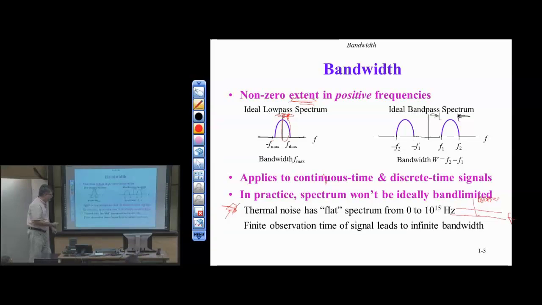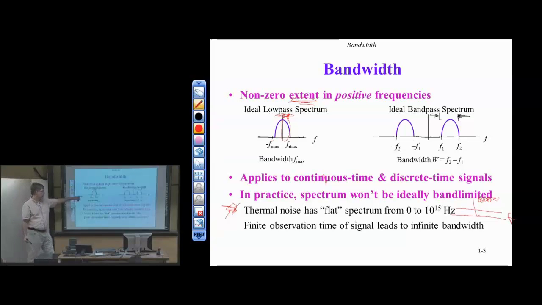Now, the other way that the spectrum won't be ideally band limited is that in practice we can't observe a signal for all time. We have to look at it over some snapshot of time, and because of that finite observation, we are going to have infinite bandwidth. We'll see this on homework 0 in particular. So for two practical reasons, our spectrum will not be ideally band limited.